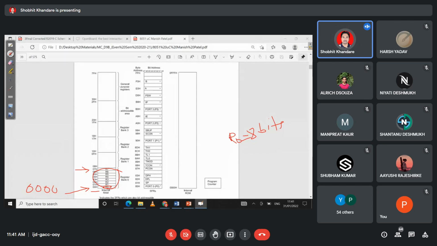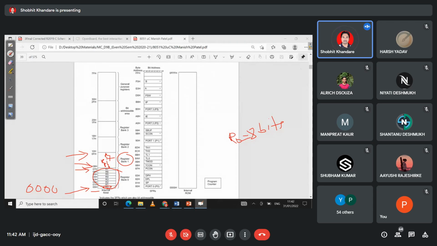The total size is 8 bytes, or in bits, 8 eights are 64, so a total of 64 bits from R0 to R7, or memory address 00H to 07H. Now what is there from 08H to 0FH? Here also you have R0 to R7. So the memory address from 08H to 0FH, which has a total of 8 bytes, R0 to R7, is reserved for register bank 1.